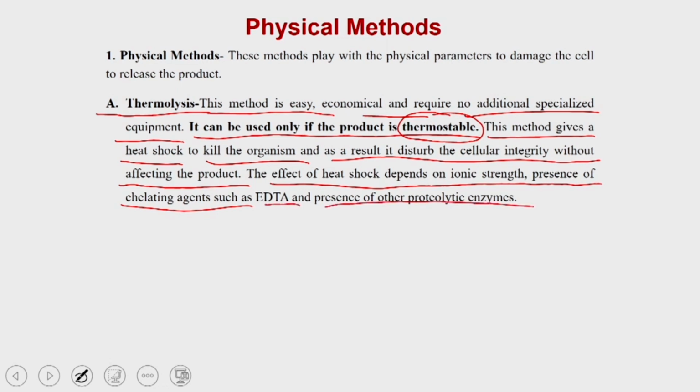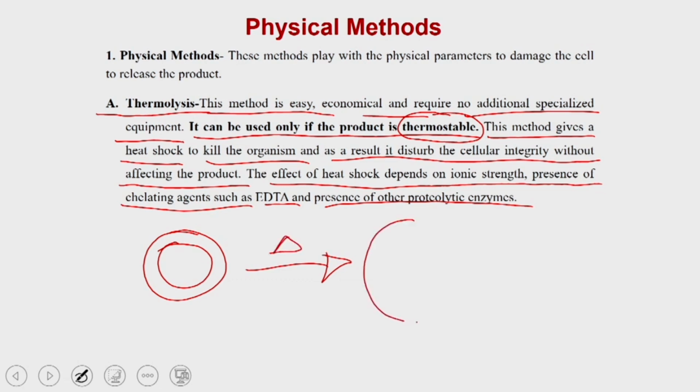So, you can imagine that if you give a heat shock, as you might have seen when we were discussing the bacterial cell, if you give a very brief period of heat shock, the cell is going to expand.